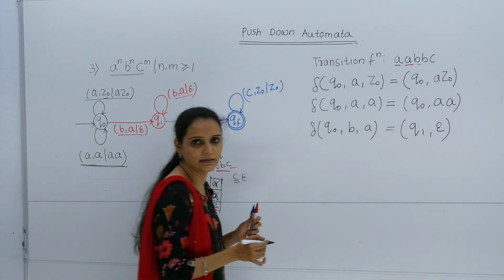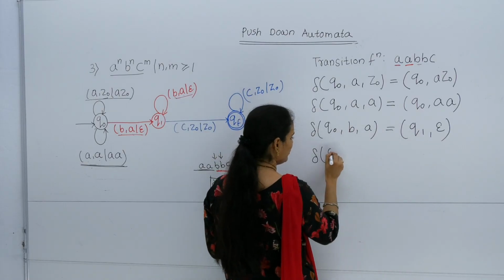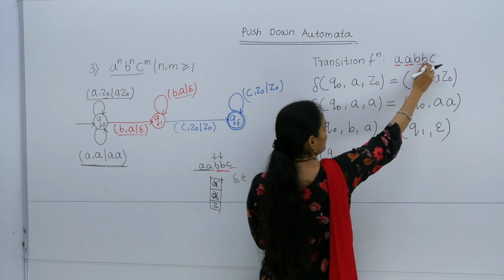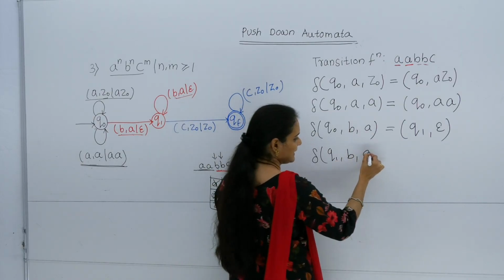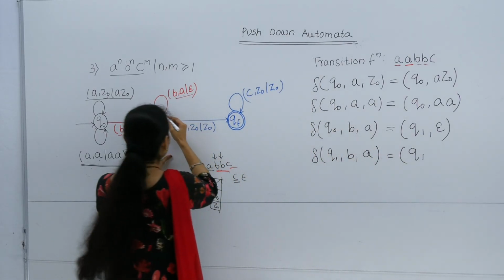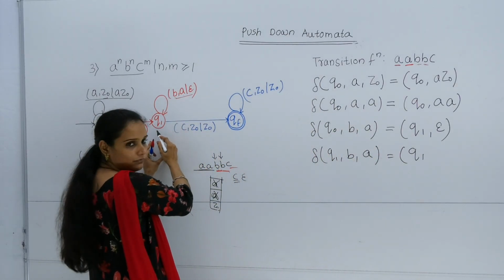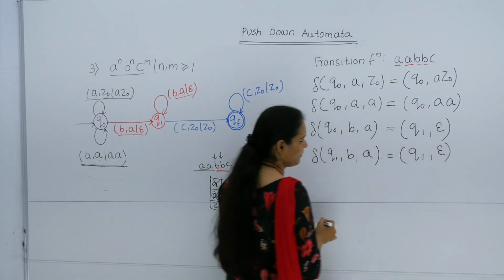Now again, the next input is B, top of the stack is A. We are now at Q1 because the loop is executed a second time, but we are still at the Q1 state. So here it is the pop operation.